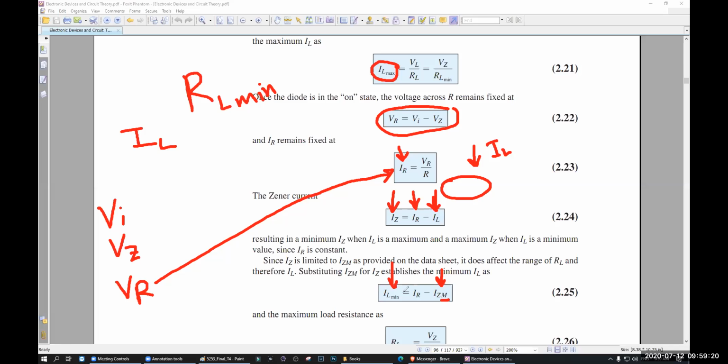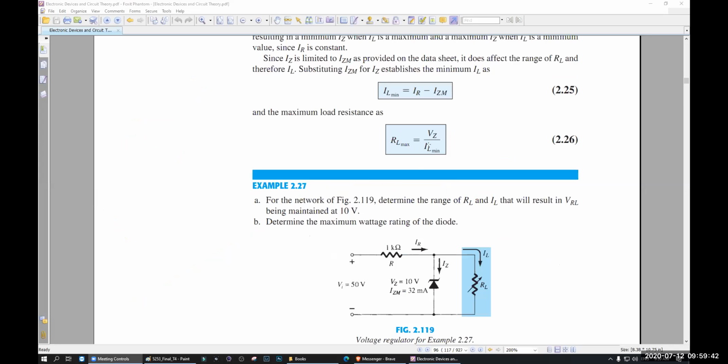Of course. I made a mistake: when IL is minimum, RL is maximum, and when IL is maximum, RL is minimum. So we already found the IL minimum, so we can find the RL maximum. RL maximum is equal to VZ divided by IL minimum.